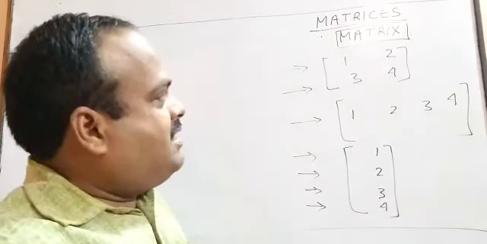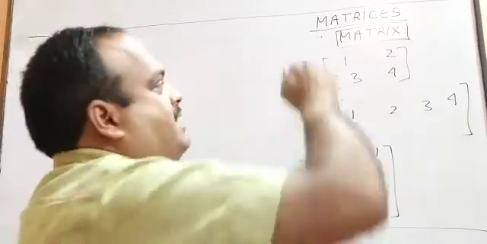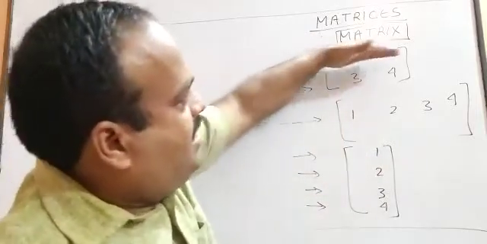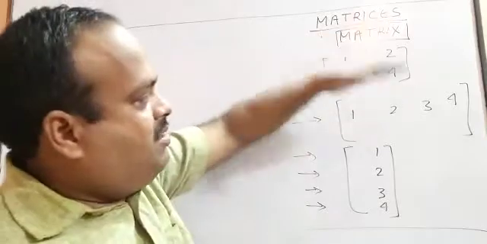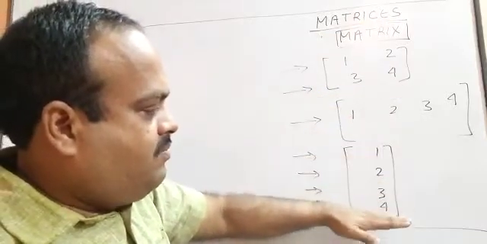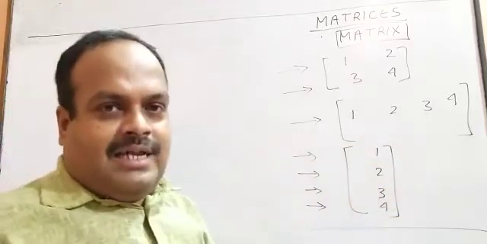To count the number of rows in an arrangement, we count the number of horizontal lines. 1 line, second one. Only 1 line. 1, second, third, fourth. We have 4 horizontal lines.